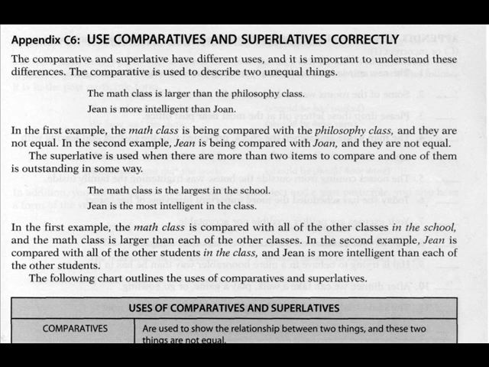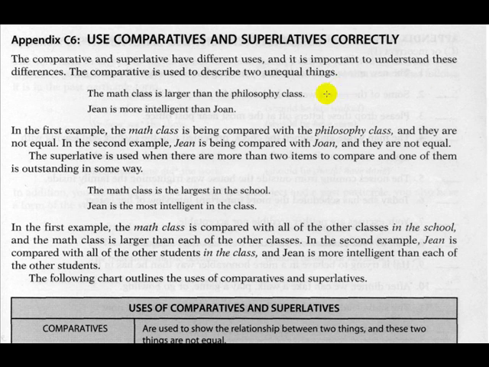Appendix C6. Use comparatives and superlatives correctly. The comparative and superlative have different uses, and it's important to understand these differences. The comparative is used to describe two unequal things.